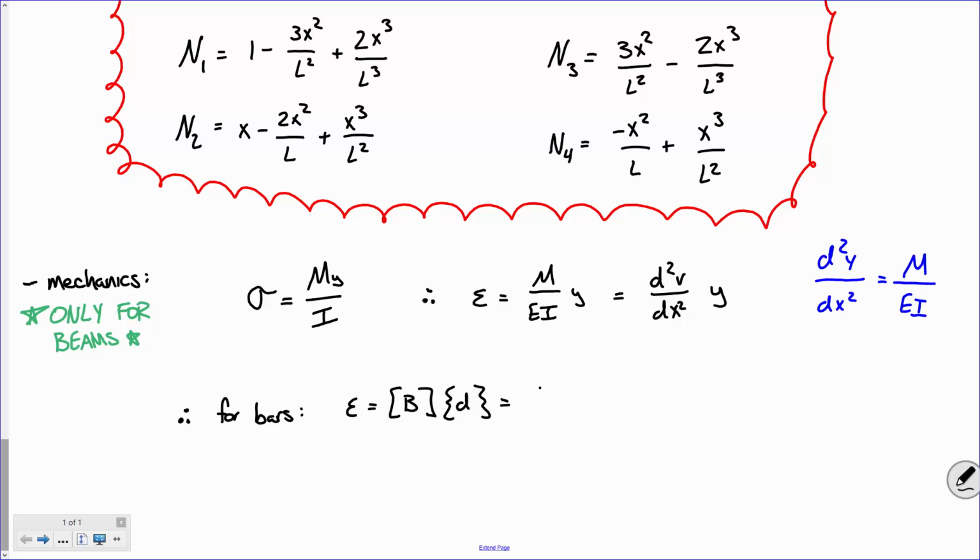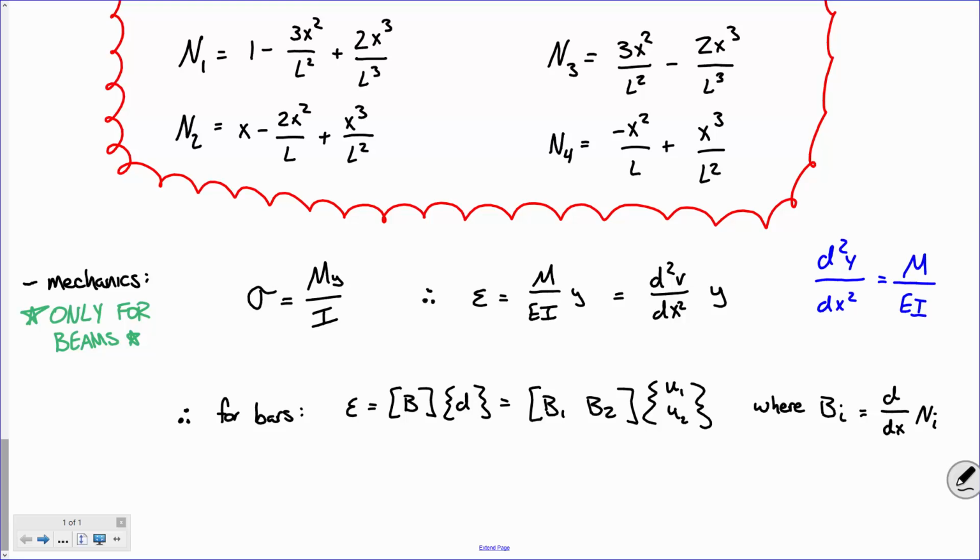Or B1, B2, times U1 and U2. And does anybody remember for bars, how did we get the B values? We didn't integrate, we took the derivative, where Bi was the derivative with respect to x of Ni. And we just took the derivative once, right?